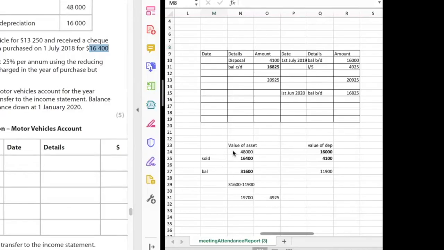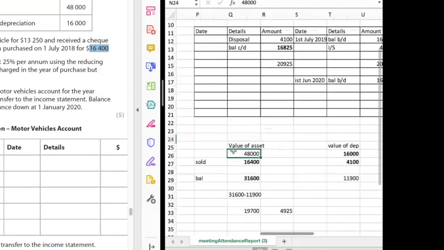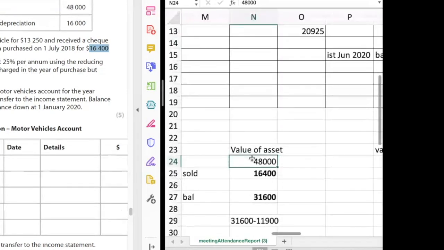First things first, we have to find out what was the value of the assets, and we found that it was 48,000. Now we will deduct the value of the asset that has been sold, and we have been informed that the value of the asset sold was 16,400. We will deduct that value and we will get the current value of the assets.